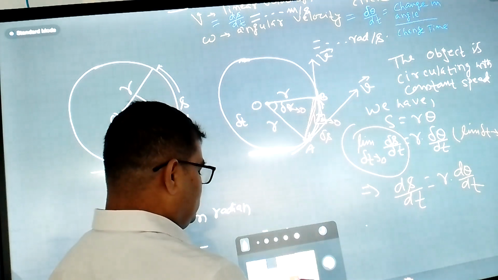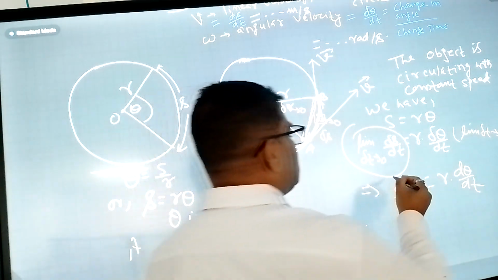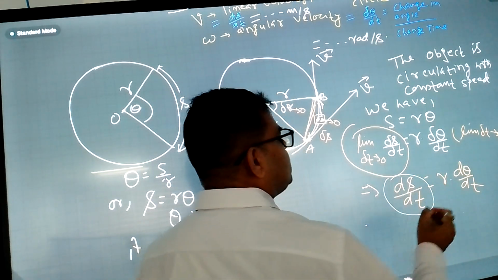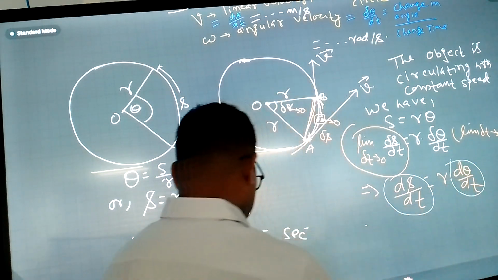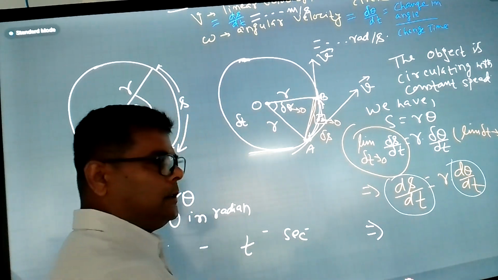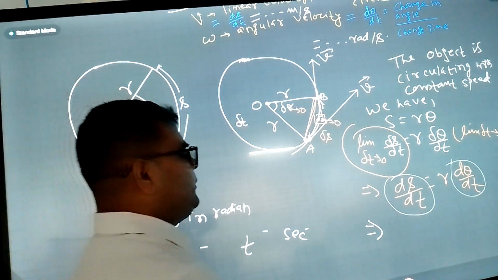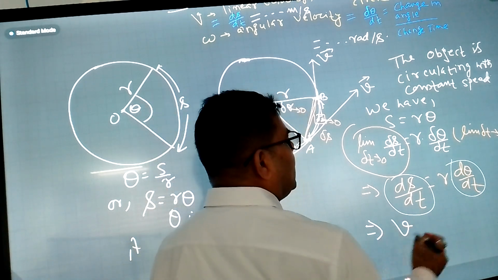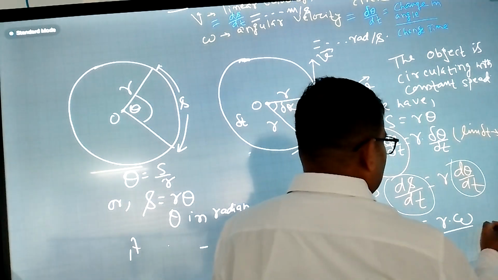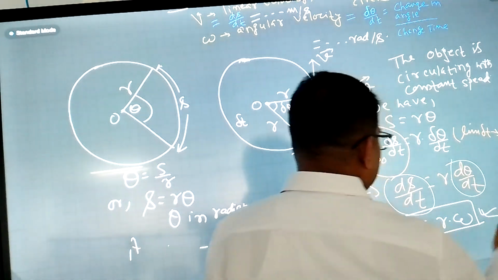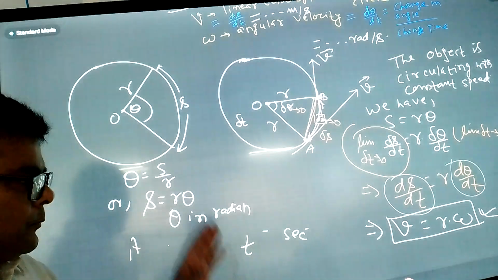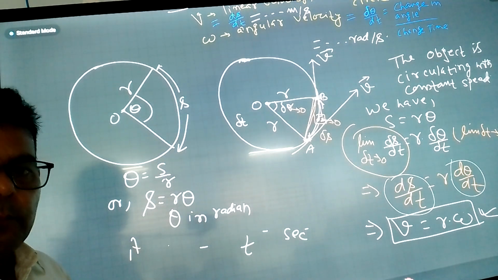And you know that ds by dt is the change in distance or displacement per unit time, which defines the velocity or speed V, and d theta by dt defines omega. So V equals R omega. This way we establish the relation between V, R and omega in a particular circular motion.